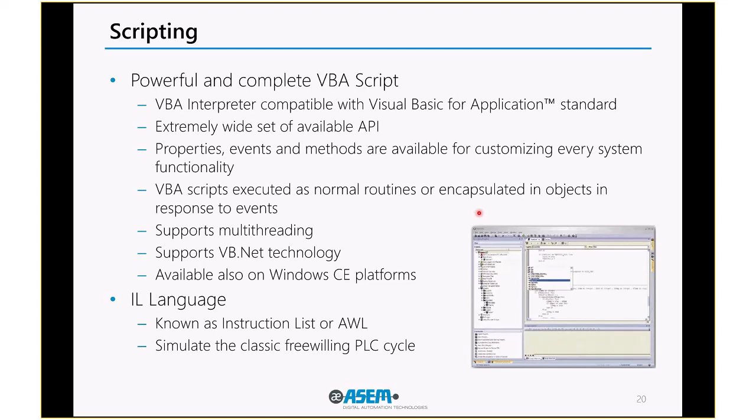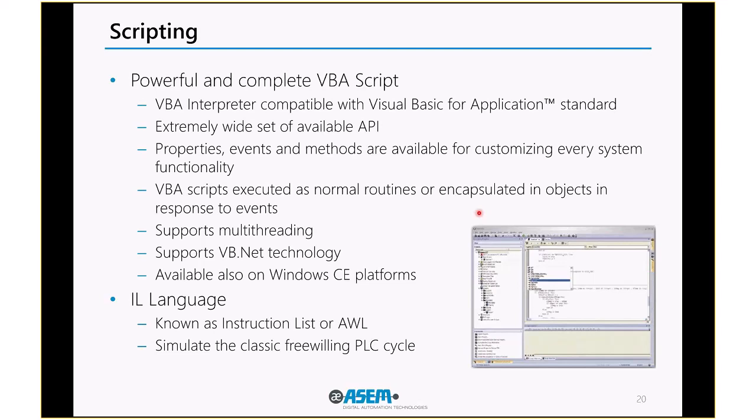You have an integrated editor for Visual Basic. You have a very powerful Visual Basic interpreter already available and built in the system. And the idea is that if anything you need is missing, you can still build it using Visual Basic and then get it running, again because of the cross compatibility, on a Windows CE unit, but also on the PC.